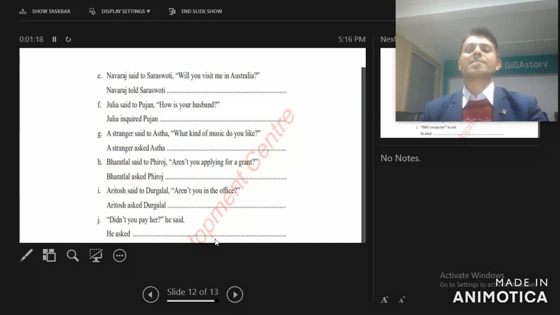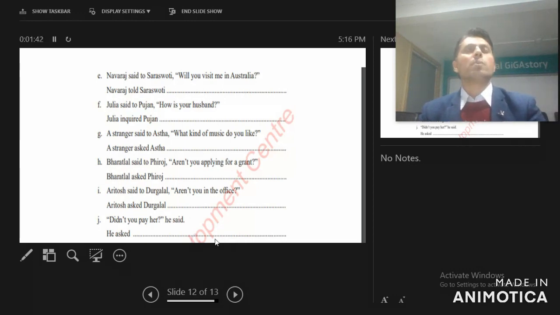Here, look at the answer part. Navraj told Saraswati, right? Is it "told" or not? Navraj told Saraswati, will you visit me in Australia? Actually, there must be asked. Navraj asked Saraswati. Okay, in your book, there is given told.